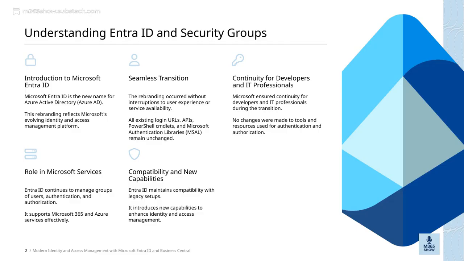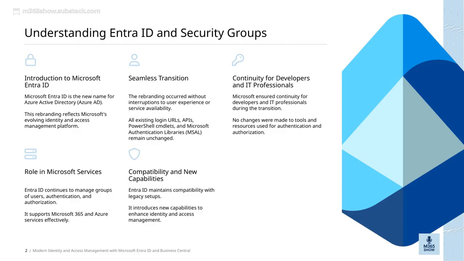Microsoft made sure that during this transition, developers and IT professionals faced no disruptions. There were no changes to the tools or resources they rely on for authentication and authorization, which is crucial for ongoing operations. Importantly, the rebranding to Entra ID happened without any interruption to user experience or service availability.